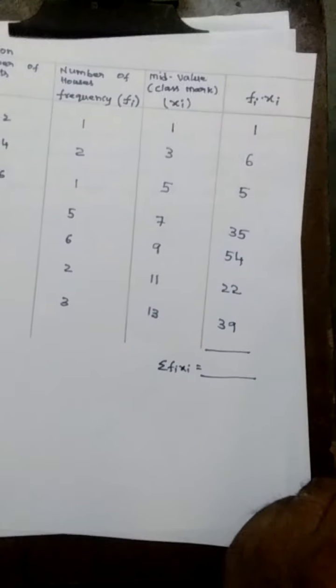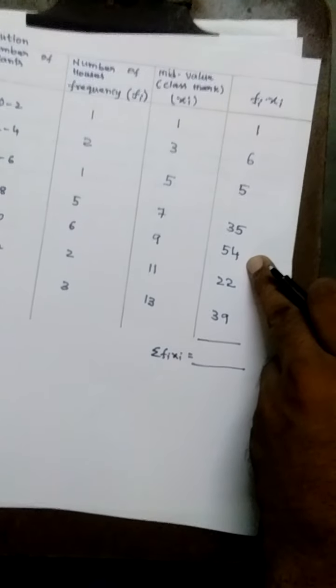Now we have to add all the fi xi's. That is sigma fi xi. Sigma means sum. Sum means total. Total of the values. That is 1 plus 6 is 7. 7 plus 5 is 12. 12 plus 5 is 17. 17 plus 4 is 21. 21 plus 2 is 23. 23 plus 9 is 32.